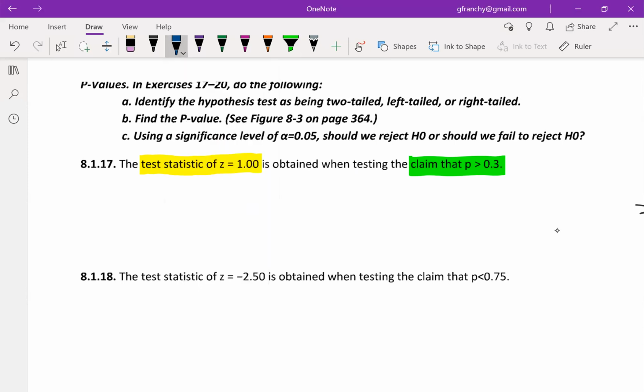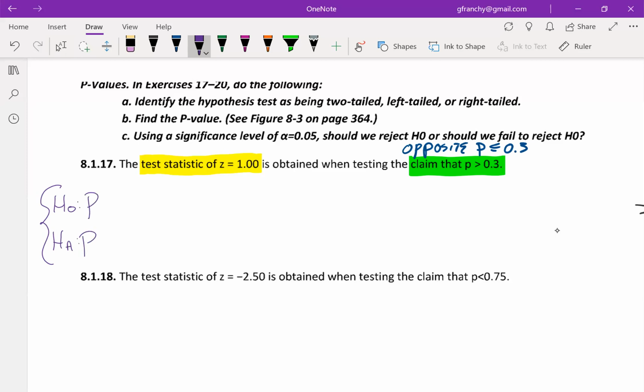Next, we also want the opposite, and the opposite here is less than or equal to 0.3. We can use these items to set up our hypothesis statement.